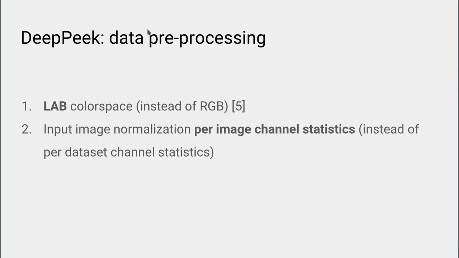In the context of saliency, it is more interesting to normalize each channel by the statistics of the channel of the image itself. So for each image, each channel, for example A, is normalized by subtracting the mean of the channel A and dividing by the standard deviation of the channel A itself.